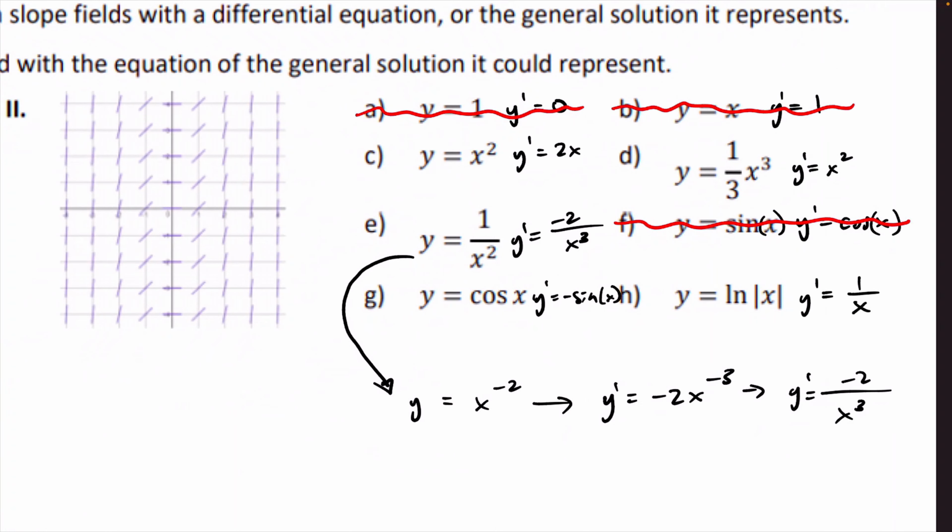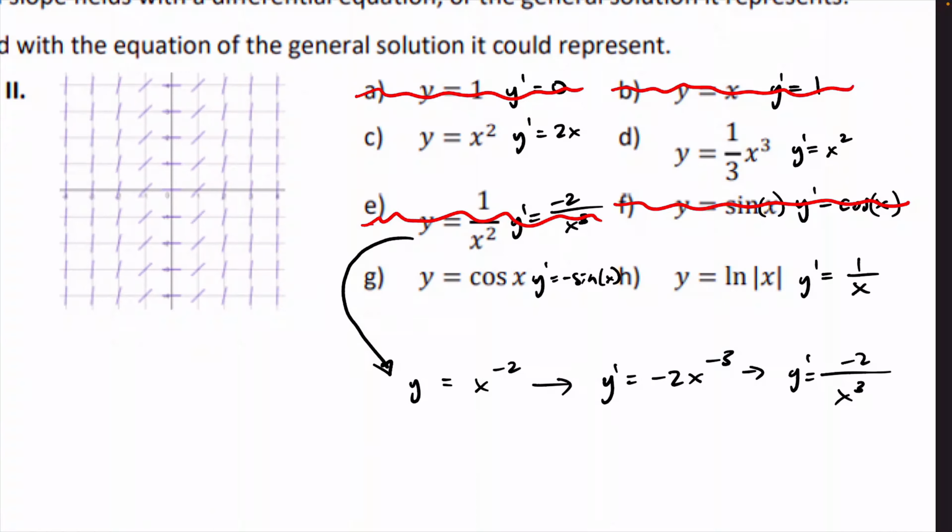No, it's undefined. This trig function, when x is 0, would have a slope of 0, because sine of 0 is 0, so we'll keep that one. How about h? No, undefined, another undefined. So now we whittle it down to 3.